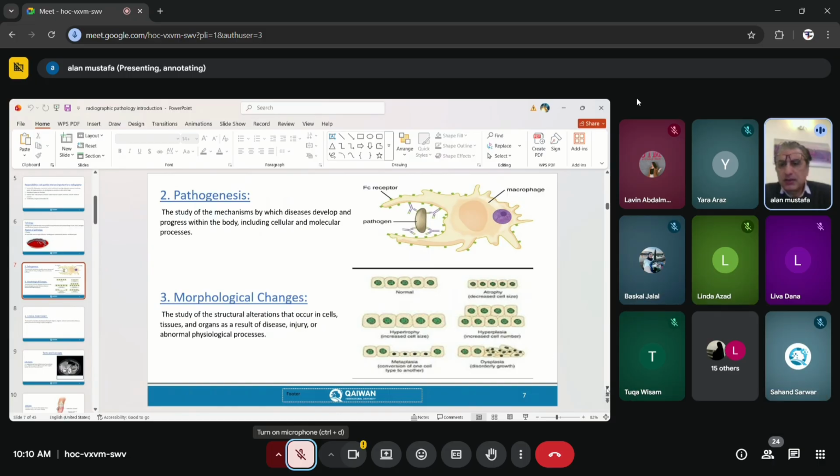Or the cells get larger in size, we call it hypertrophy, or sometimes they get larger in number, we call it hyperplasia. And sometimes we have something called metaplasia. So these are the changes that happen on cellular levels in any disease.